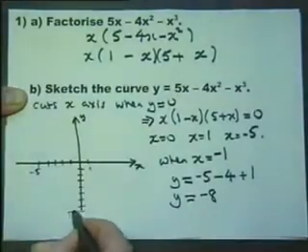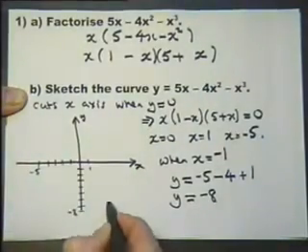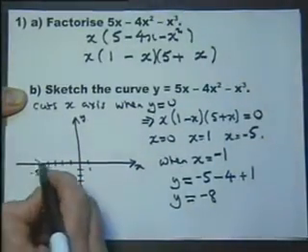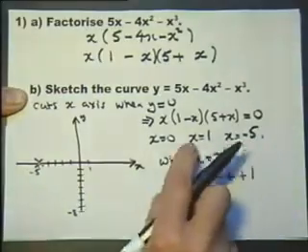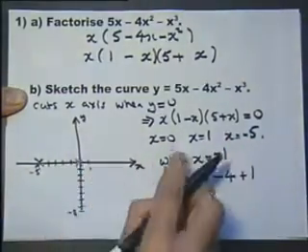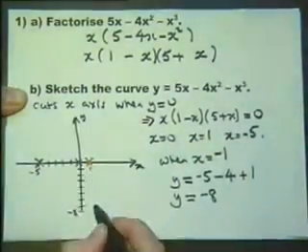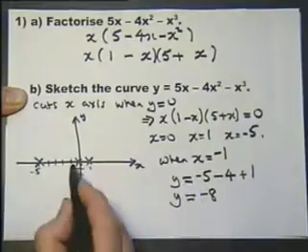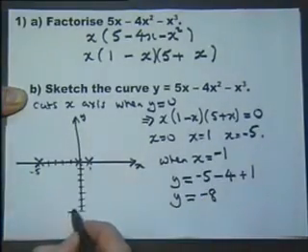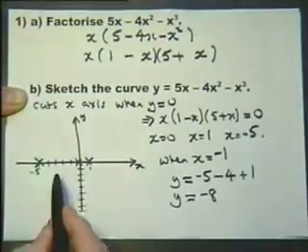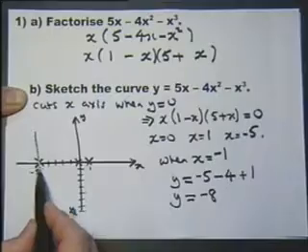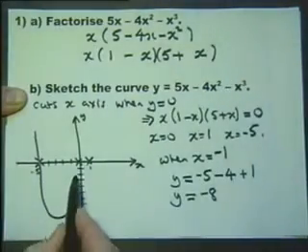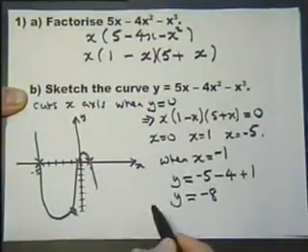And this really will be good enough, honestly. So, it's going to go through there, and through there, and through minus 1, minus 8, through there. So, it's going to be something of this fashion. And that'll do for the examiner.